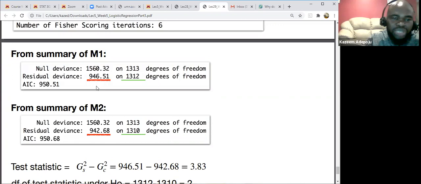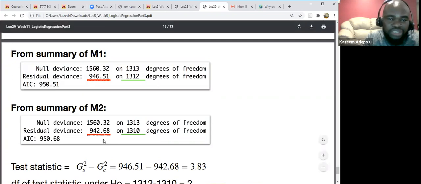Another thing you can check is the residual deviance here. The residual deviance here is actually greater than the residual deviance here. But the most important is when you look at the AIC. AIC is more superior.